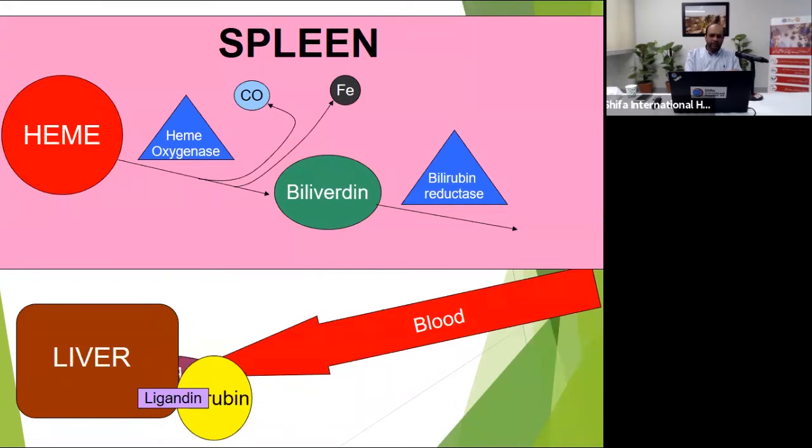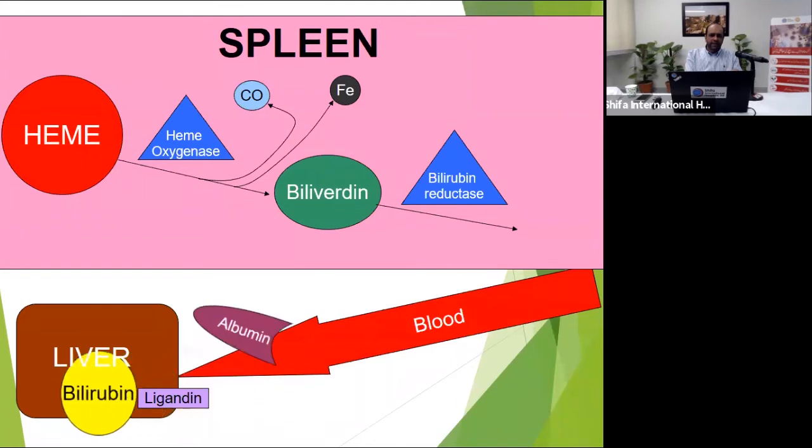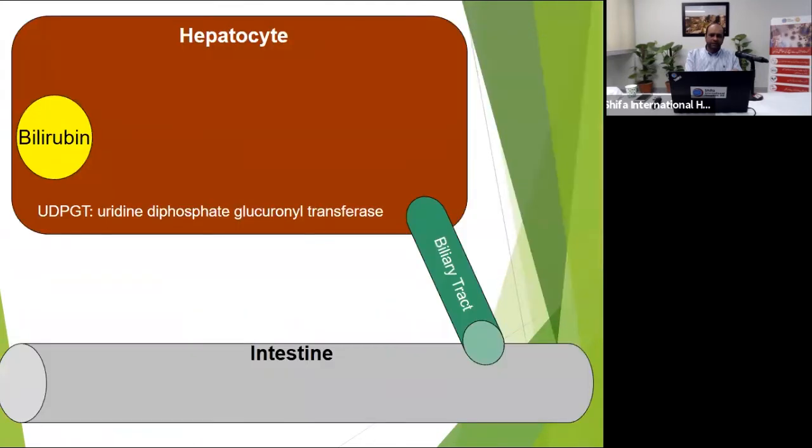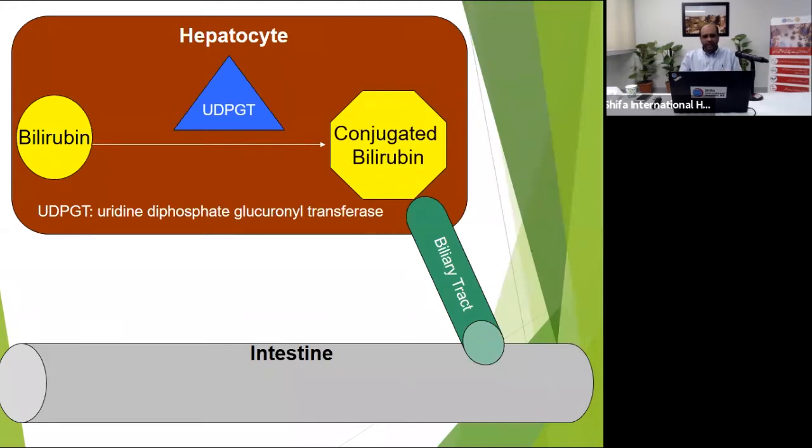Then the bilirubin enters the liver and the function of albumin is finished. Entering the hepatocyte, the liver cells, this bilirubin with the help of the enzyme UDPGT, uridine diphosphate glucuronyl transferase, is converted into a conjugated non-toxic form. Here we can learn that this enzyme is only 0.1% of the adult value when the baby is born, and this decreased enzyme is the reason for hyperbilirubinemia in newborns.